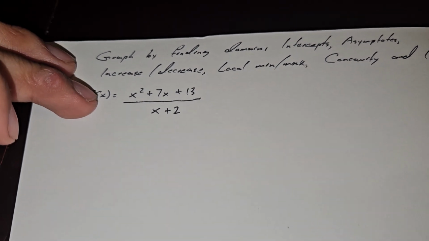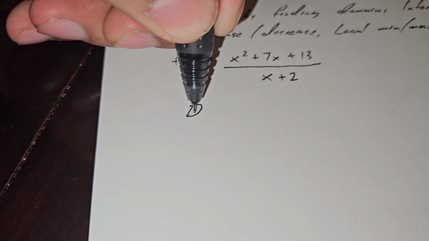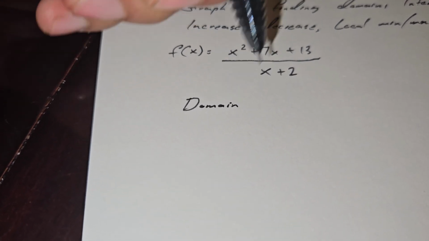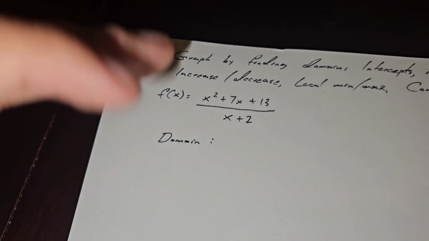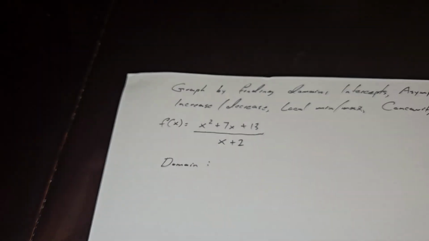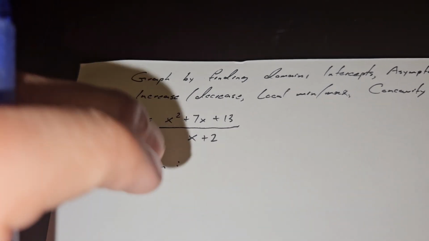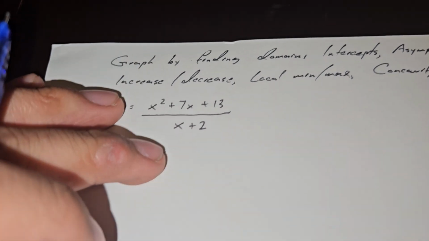So let's go ahead and first start off by finding the domain. Remember, the domain is basically where the function is undefined. To find a domain, we set the denominator equal to 0, and that will give us a value of -2. So if you plug in -2 into the function, that will be undefined.